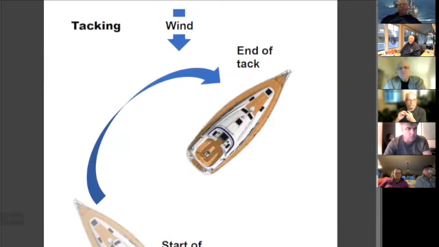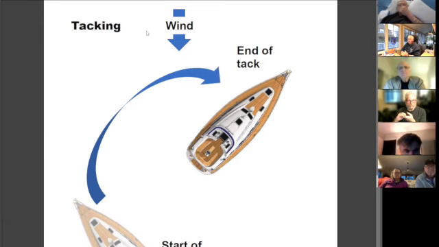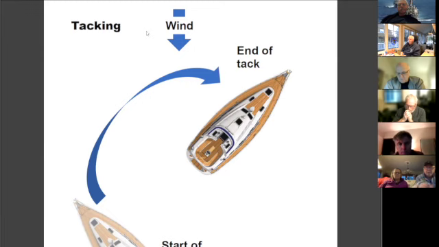So the last couple of things that I wanted to talk about was tacking. And I did say that tack was used in a number of different ways. One, it's what holds the foot of the sail to the mast. Tack is also the direction that you're sailing. And when you tack, you move the bow of the boat through the wind.